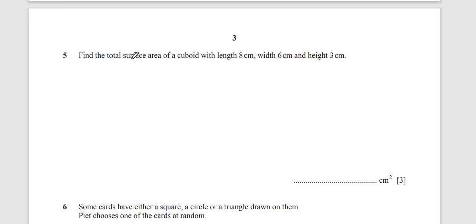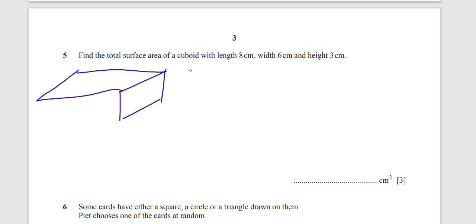Find the total surface area of a cuboid with length 8 centimeters, width 6 centimeters, and height 3 centimeters. So if I draw a simple sketch of that cuboid, just a sketch like this.